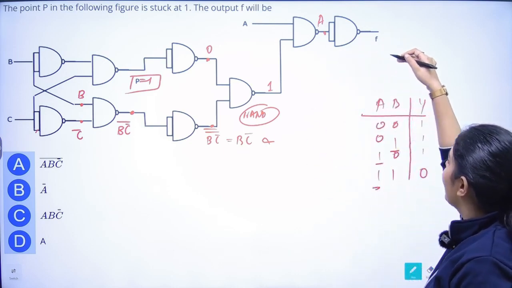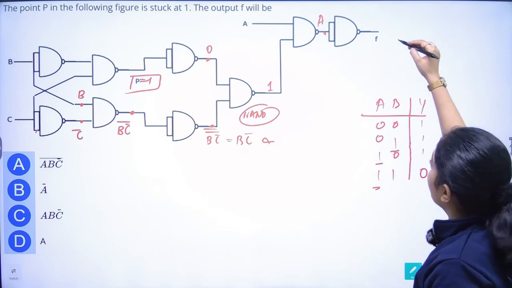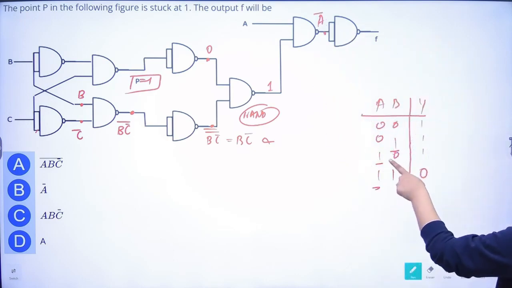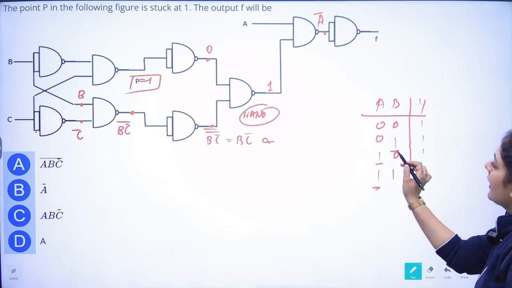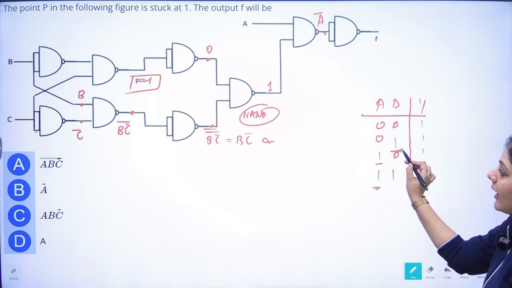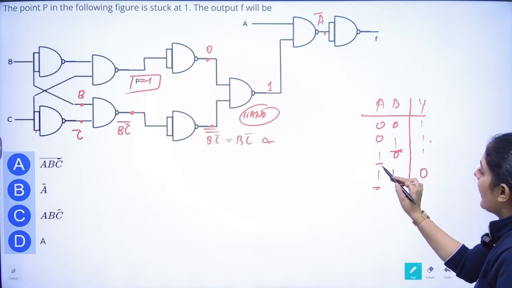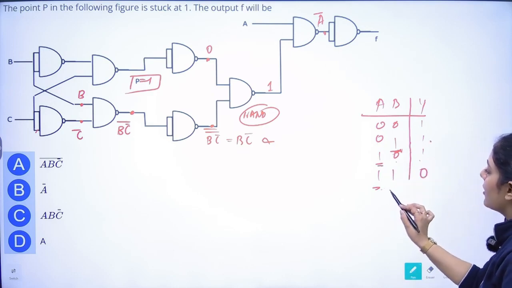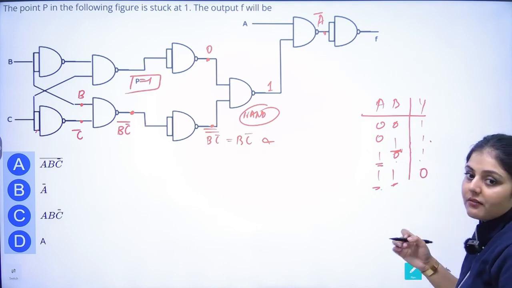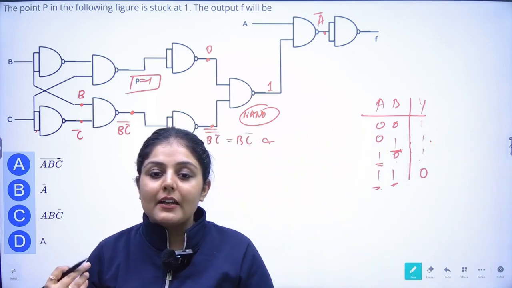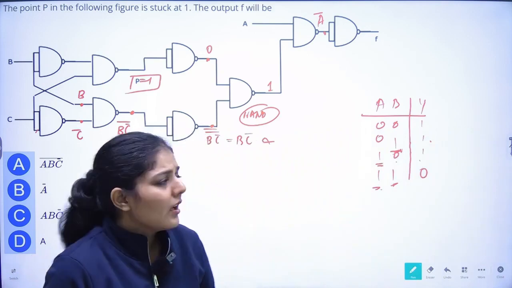Finally it will be A bar, because if we have 1 here, we get the opposite: 0 to 1, here also 1, and 1 to 0. So if I have 1 as an input of NAND, the output will be A bar.